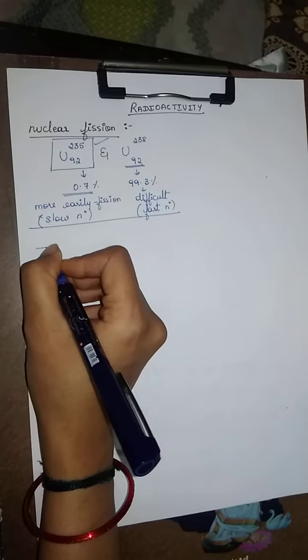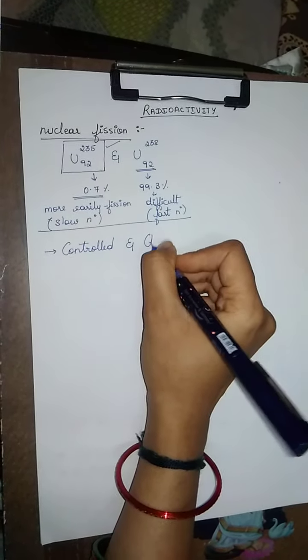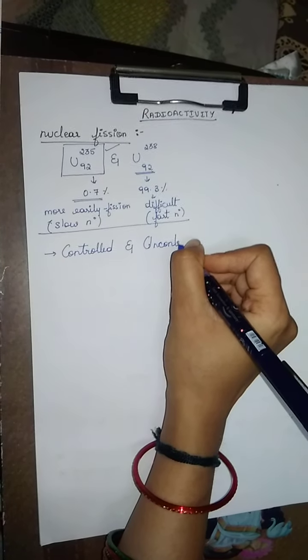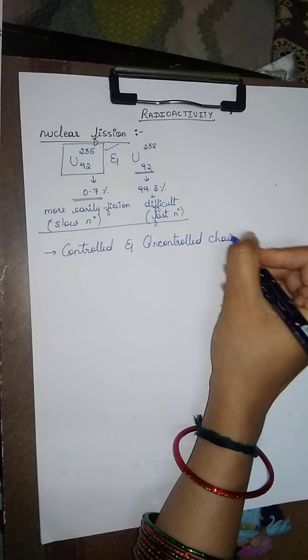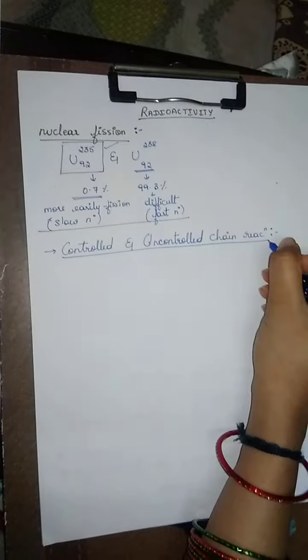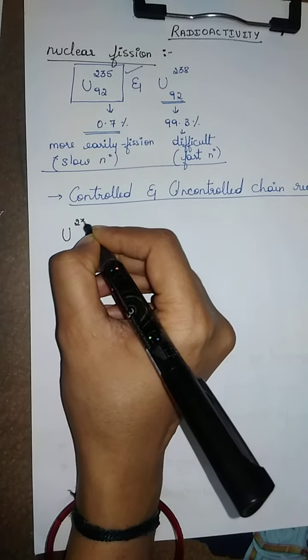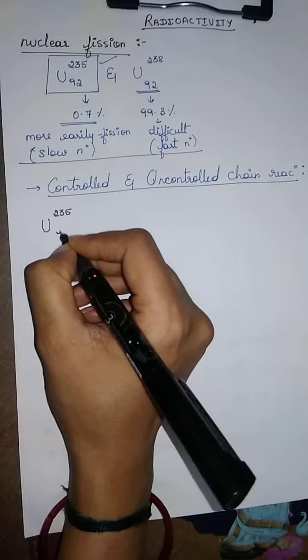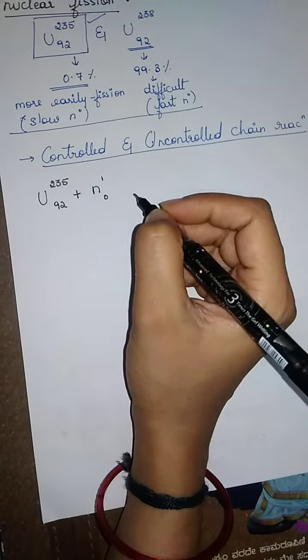Now the next topic is controlled and uncontrolled chain reaction. You already know the reaction, correct? In the beginning we take uranium-235 (92) and provide it with a neutron.